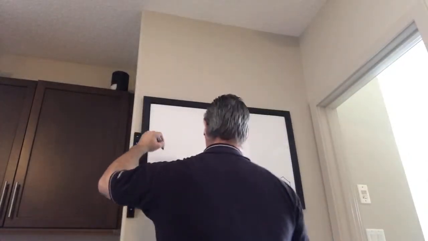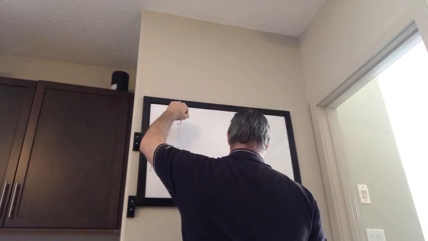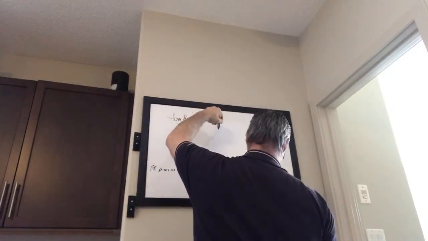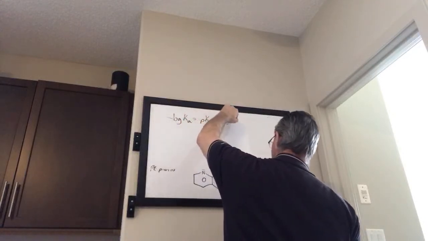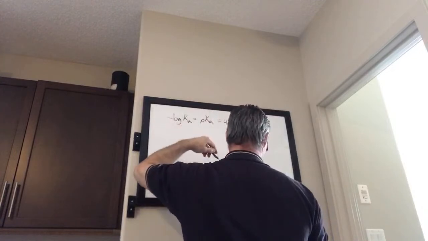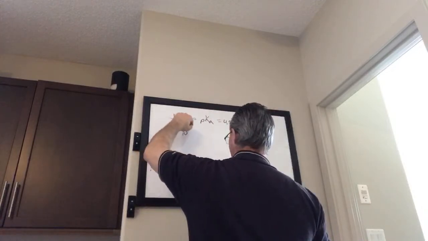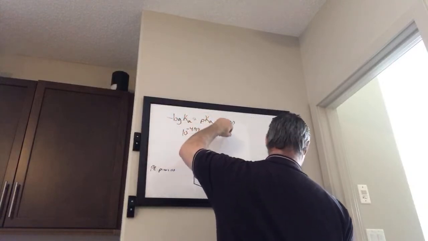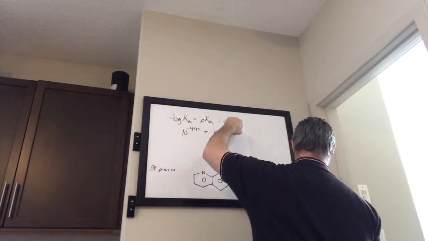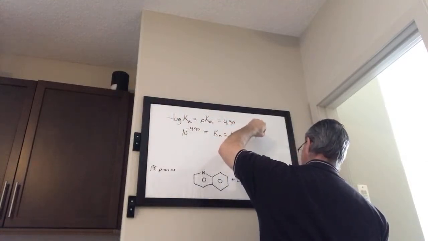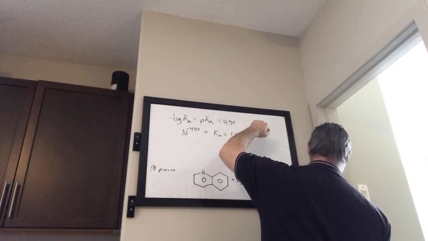you get negative log of Ka is equal to pKa, which equals 4.9 in this case. So whenever you see P, you're taking the negative log of it. So 10 to the negative 4.9 is going to give you the Ka. And it turns out that Ka for this substance is 1.2589 2541 times 10 to the negative 5.